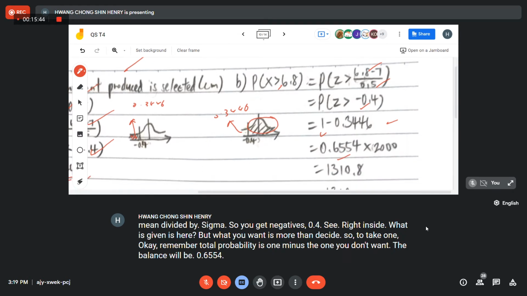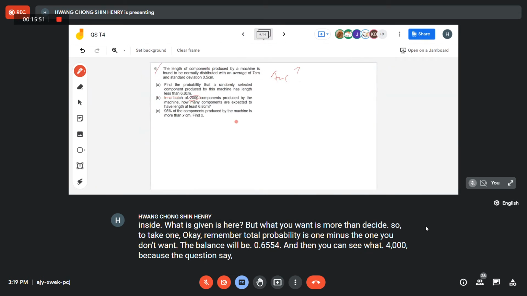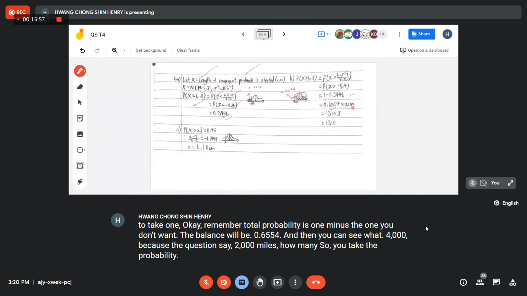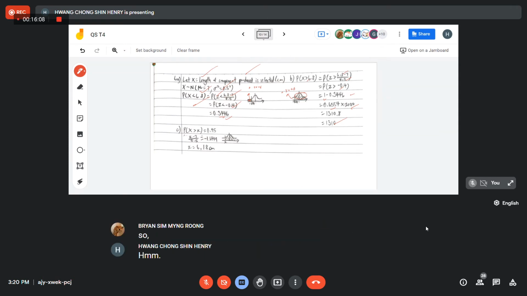The balance will be 0.6554. And then you times with what? 2000, because the question says 2000 how many? So you take the probability times 2000 now. That will give you 1310 samples. Everybody okay? The answer is 1310, 1311. What's the answer? 1311.